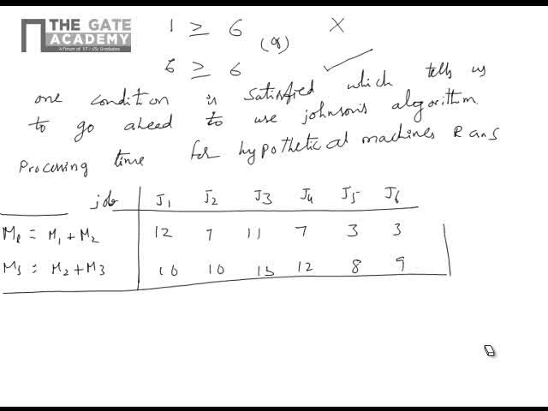This is the final table which we got after converting this into two machines n jobs form.